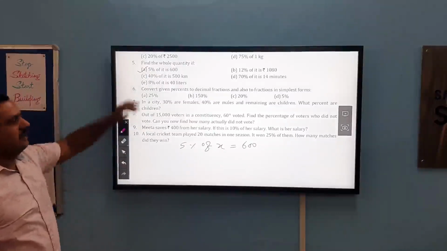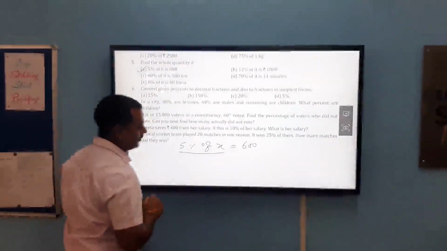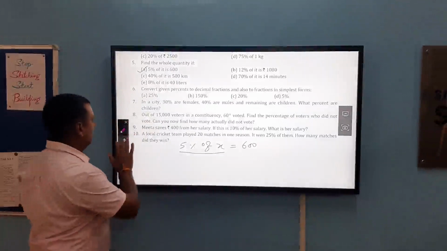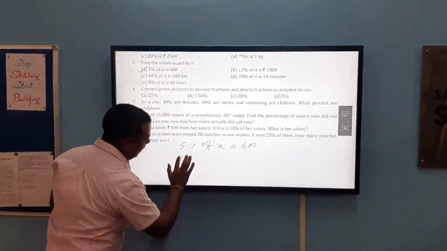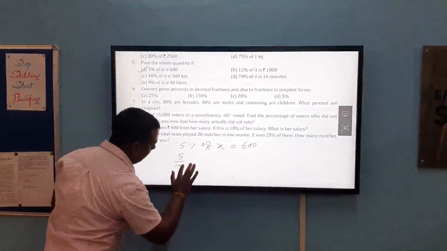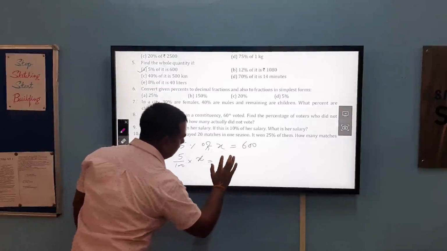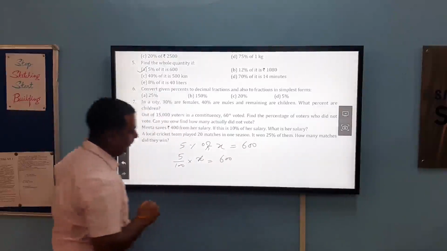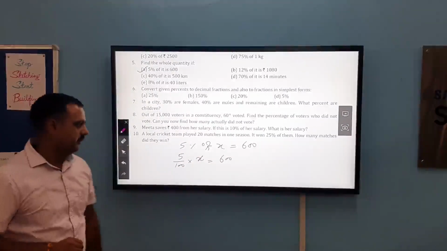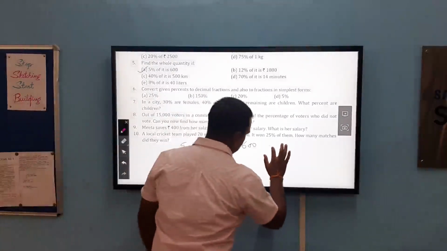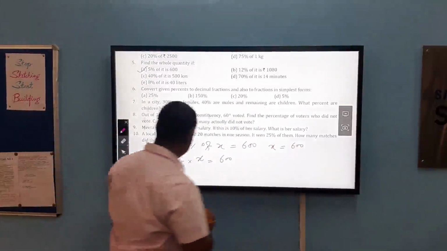Now, as we did in the question number 4, we simplify this relation and we can write it like that. 5% means 5 upon 100 multiply x is equal to 600. Here we transpose 5 upon 100 to the right side and we get x is equal to 600.